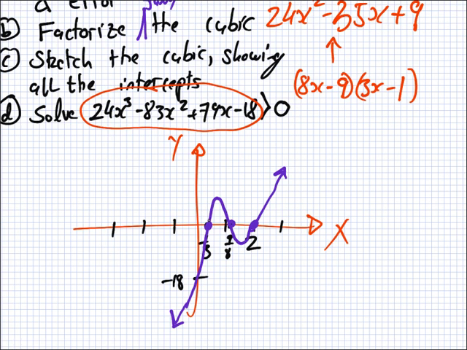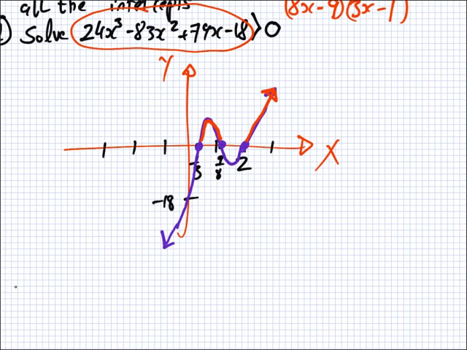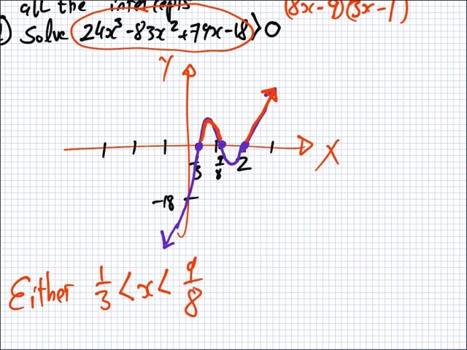At 1/3. And when does it stop being positive? 9/8. And when does it start to become positive again? After 2. So, there are 2 answers here. Either x is between 1/3 and 9/8.